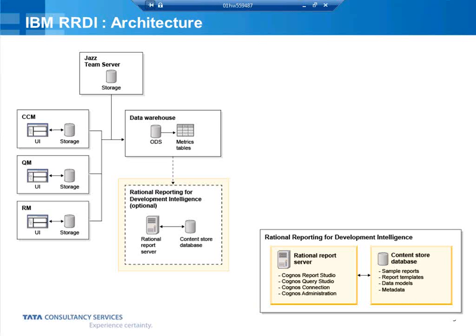So it does not copy to its own DB. RRDI does not have its own DB for data storage. It just refers to your data warehouse. And about Report Studio and Query Studio, we will see them in detail in the coming slides. So that's what I have to share in this particular slide.